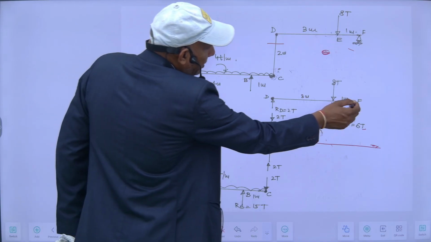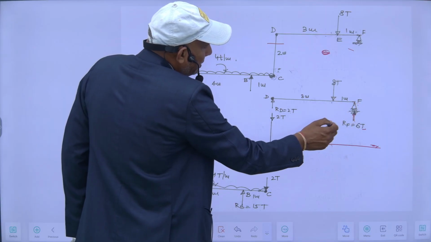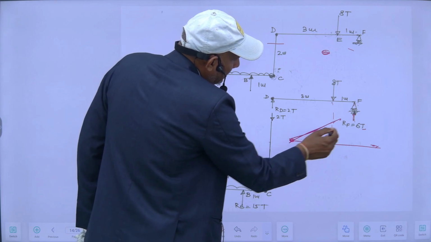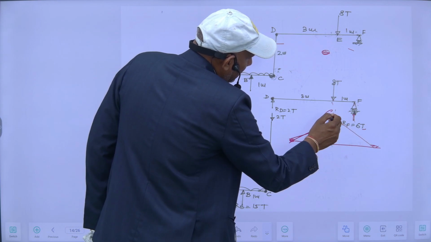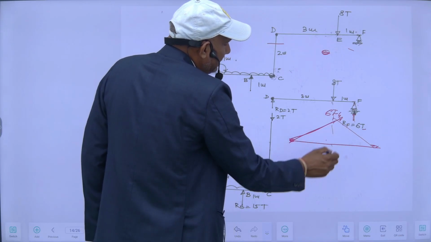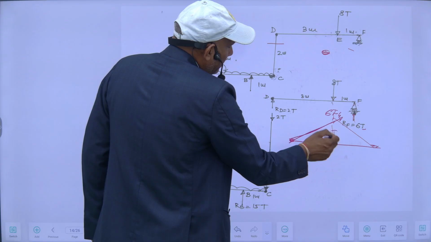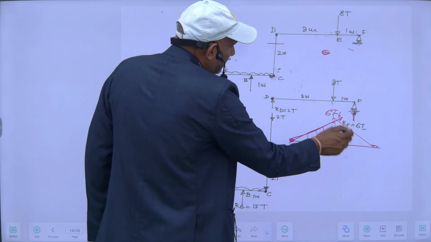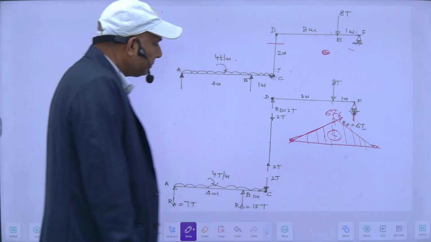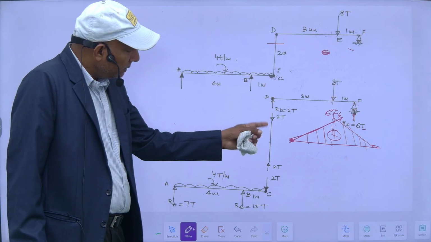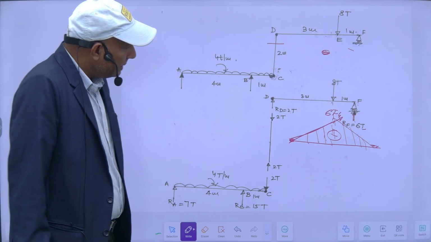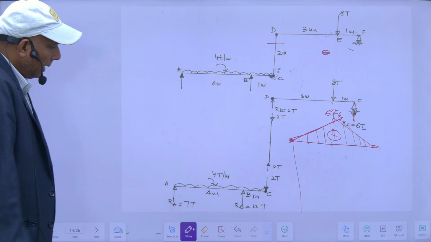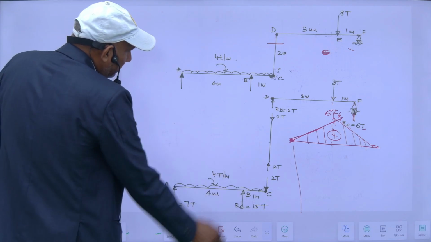So at this point bending moment will be 6 into 1, 6 ton meter, and this will be sagging. From here also it is 6. So this is the bending moment diagram for this portion. And since there is no bending, only axial load is there, no bending moment diagram will be there for this portion.